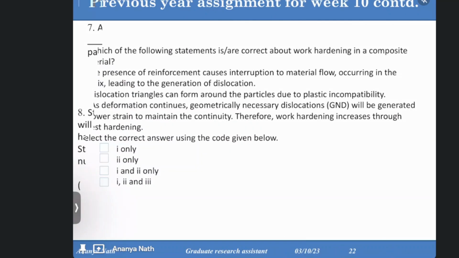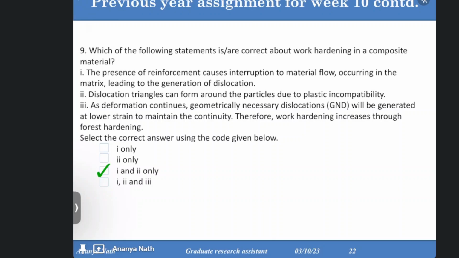Which of the following statements are correct about work hardening in a composite material? Presence of reinforcement causes interruption to material flow, leading to generation of dislocations. The second is also true: a dislocation triangle can form around the particle.